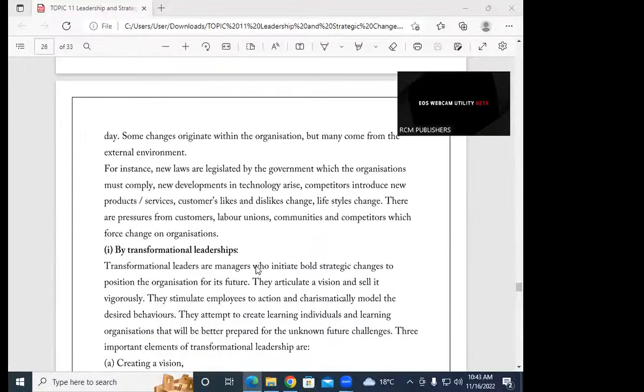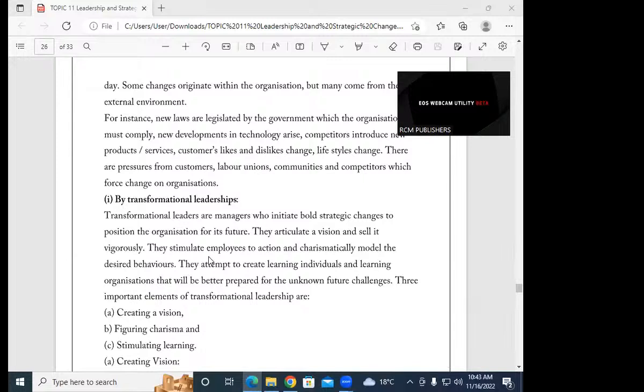Transformational leaders normally inspire. They also motivate for a certain action to be undertaken. They're known to be visionary. They are also very charismatic in the process of motivating individuals towards performance.